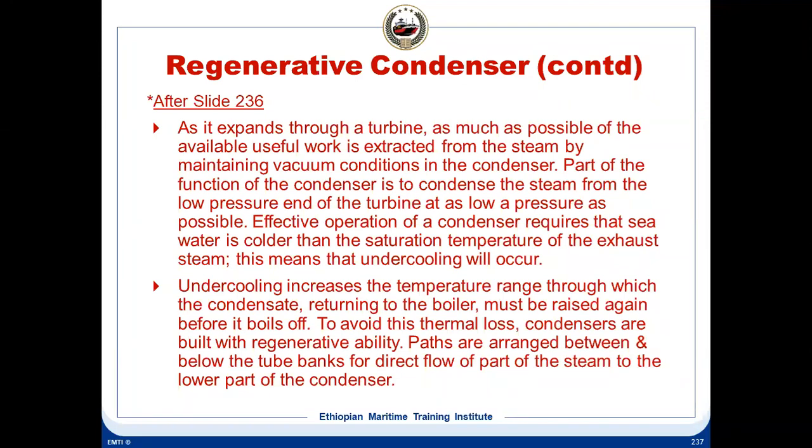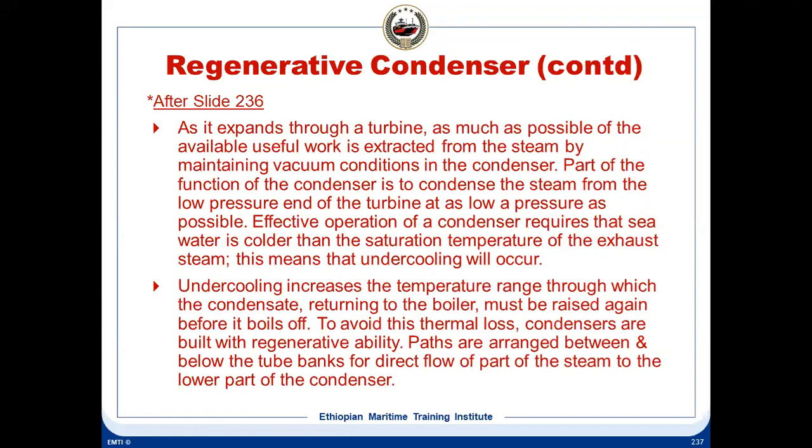We have to make the steam into a condensate, but in the process of turning the steam into a condensate, we find that undercooling occurs. Now, how do we take care of this undercooling? The same thing, by using the regenerative condenser, and after the regenerative condenser, we can also use the deaerator. Undercooling increases the temperature range through which the condensate returning to the boiler must be raised again before it boils off.